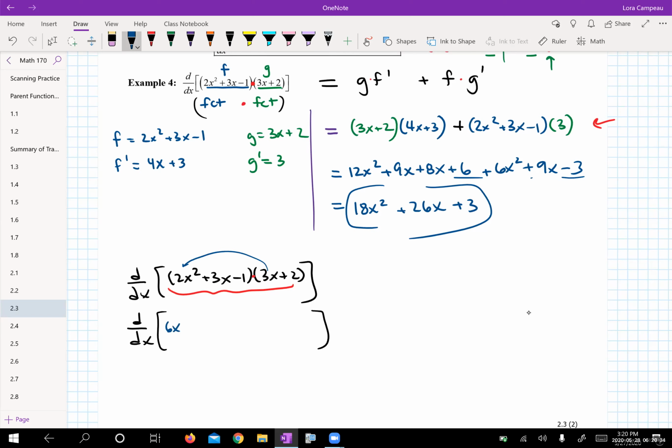That's not 6x squared. I'm just obsessed with the squares today, but if you multiply an x times an x squared, you should get an x cubed. 3x times 3x, 9x squared. And then 3x times 1 minus 3x.